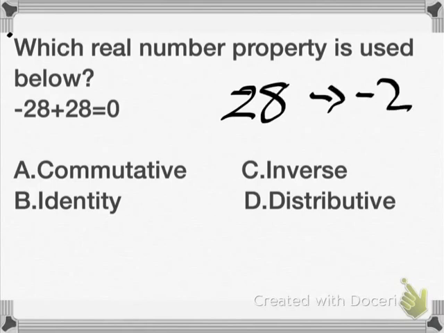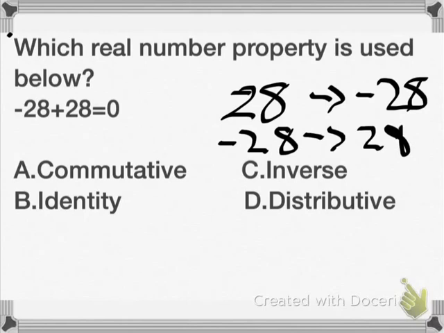So in this problem, we are adding two opposite numbers and getting 0 as our sum. Looking back to our properties, we can see that the inverse property of addition matches this addition problem. Going back to adding and subtracting integers, we know that adding two numbers with different signs can be solved by subtracting both numbers and using the sign of the number with the greater value.